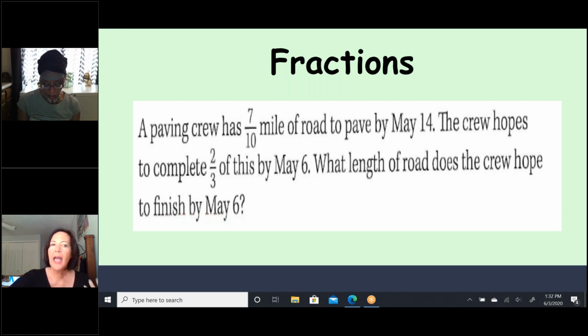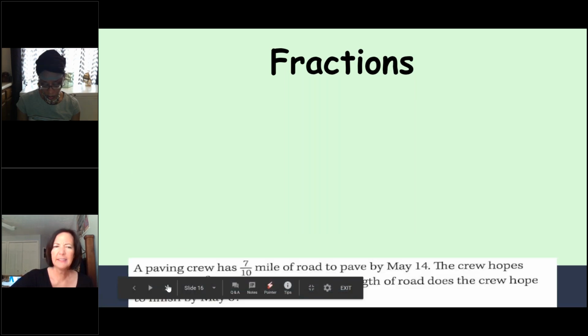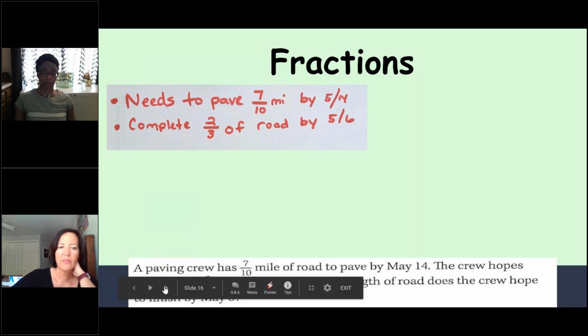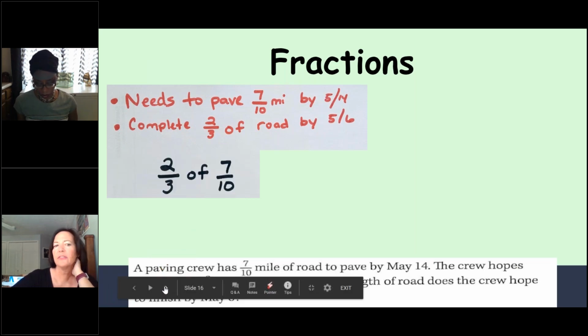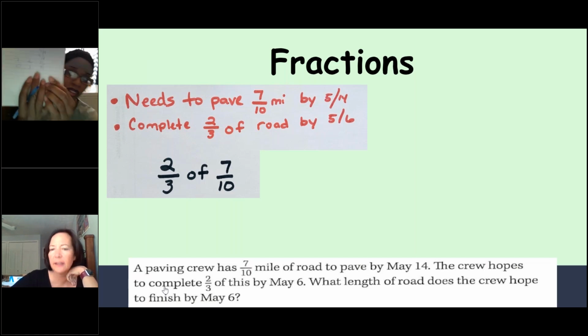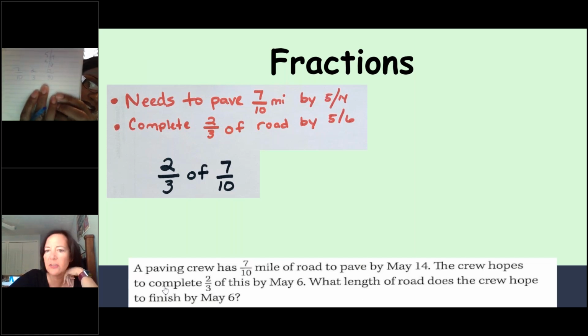So they're asking us, how much is 2/3 of the 7/10? Does that make sense? How much would 2/3 of the 7/10 be? So now, because it can be stated as of, what's the operation that goes with that?